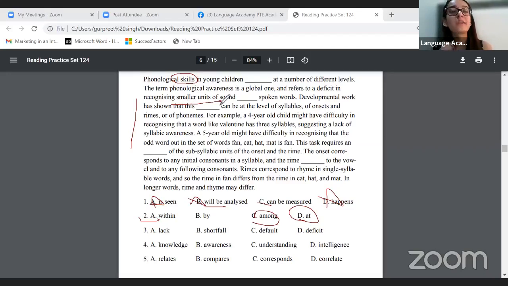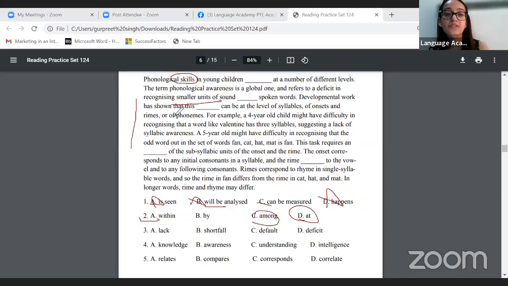Means they are having difficulty that if we speak 8-10 different words, they are unable to recognize small units of sound. But actually they're saying within, means inside of those words, they are unable to recognize the small units of sound. Because when we speak one word, there are different sounds, like if we say measured, there is the sound of M, S, E, D. So these were the sounds that they were talking about.